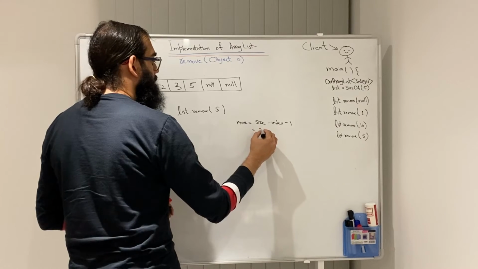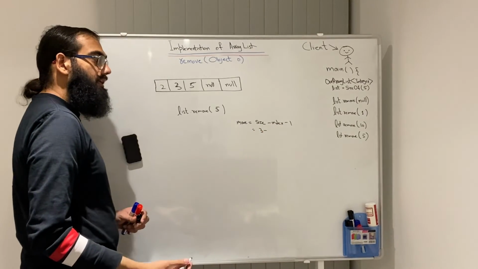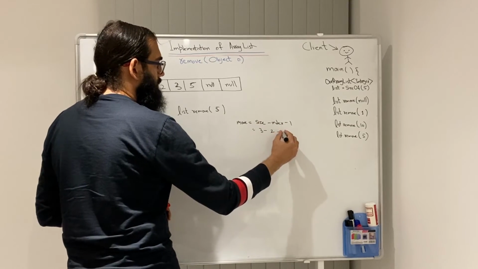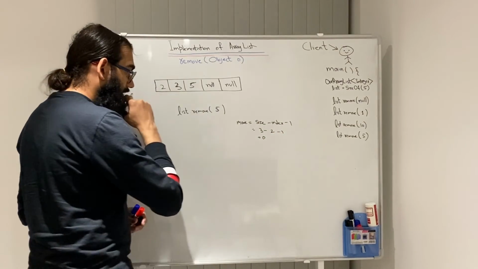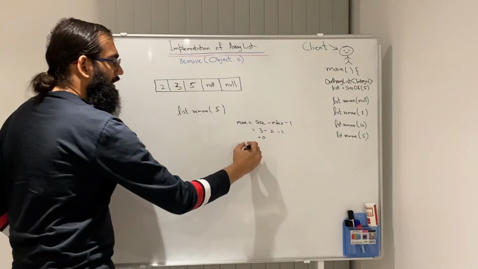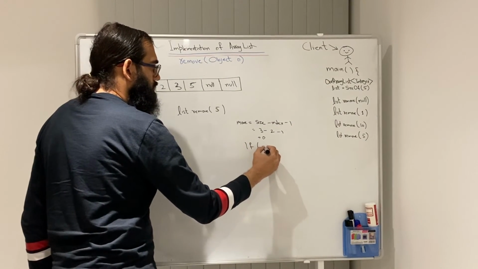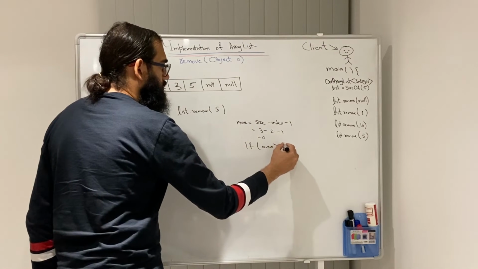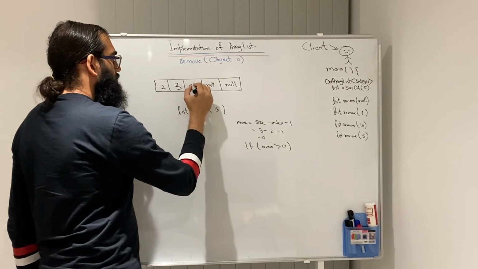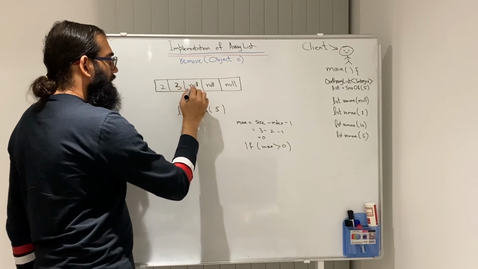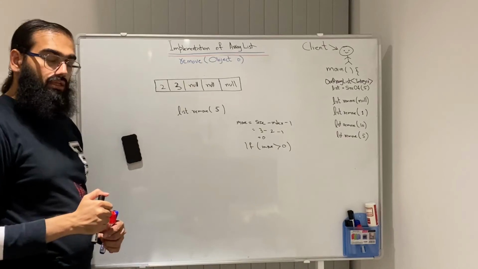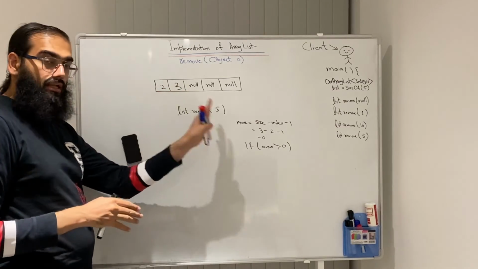Index is 2, so 3 minus 2 minus 1 is equal to 0. So it means there will be no System.arraycopy call, because we have a condition: if move is greater than 0 then do System.arraycopy, but we will directly put null here. In this case, we still need to run the loop until half.